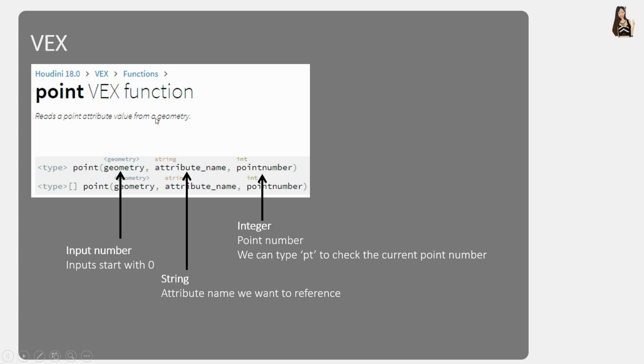So for each point we have a different attribute value, and this is what it reads. First we need to use the input, so we know already that it's 0. Then we'll use a string, in our case the attribute name that we want to reference, so infect. And then finally we have a point number, which is an integer. So again, we can just type pt to check the current point.